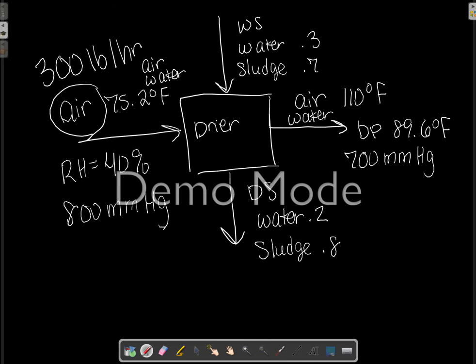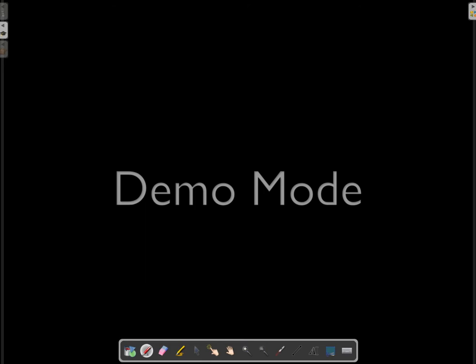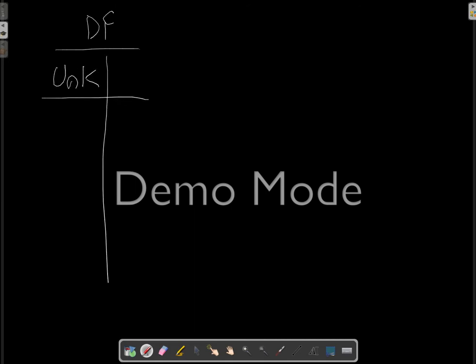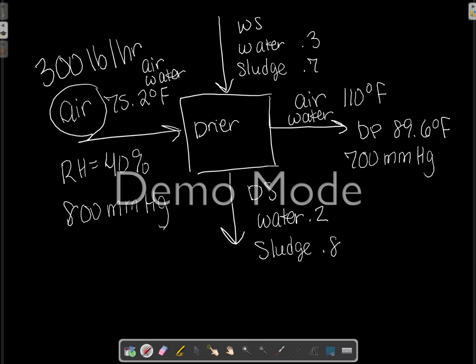Alright, so now that we have a problem to look at, our dryer problem that we used originally, let's do the degree of freedom analysis for this dryer problem. So if we remember our degrees of freedom analysis, we'll start simply by counting our unknowns. For these unknowns, we simply count the number of species in each stream, which is essentially counting the number of variables in the overall counting equation.